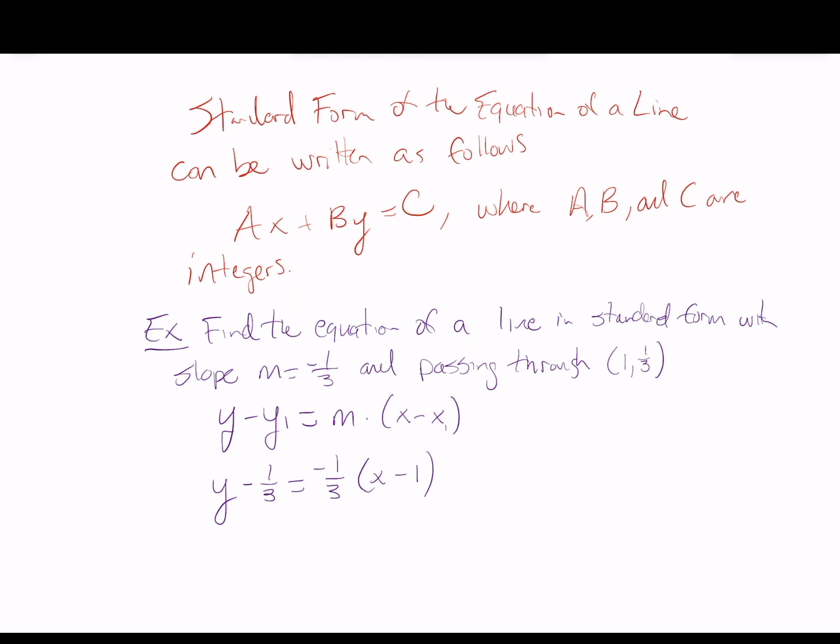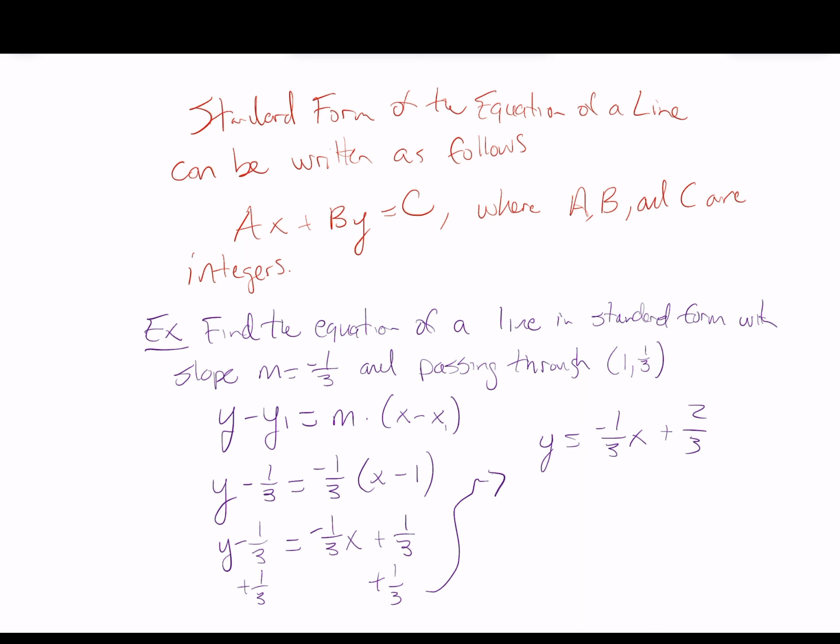Now we can distribute. Y minus 1/3 is equal to negative 1/3 x plus 1/3. Okay, then we can add 1/3 to both sides. We'll come up here, and we have y is equal to negative 1/3 x plus 2/3.